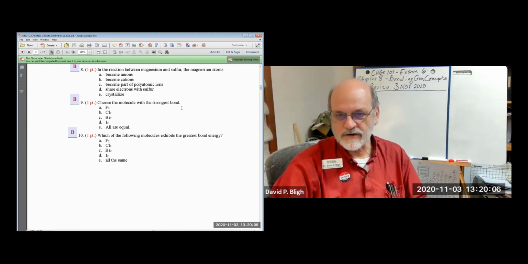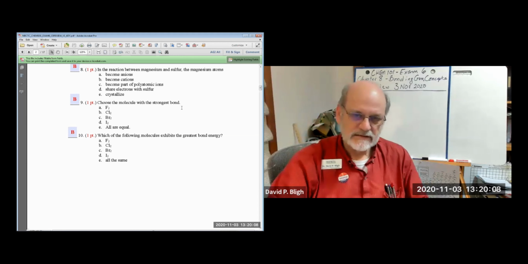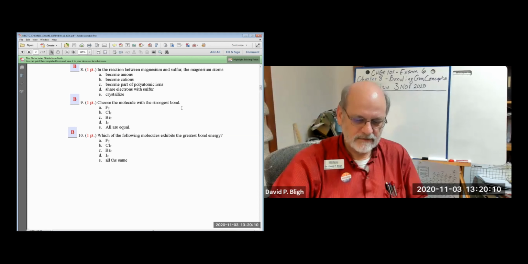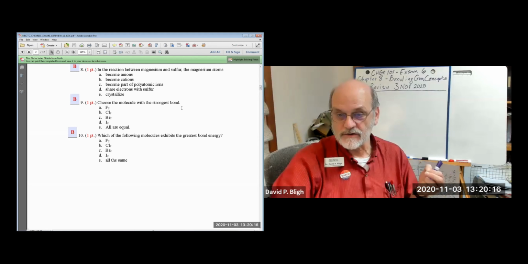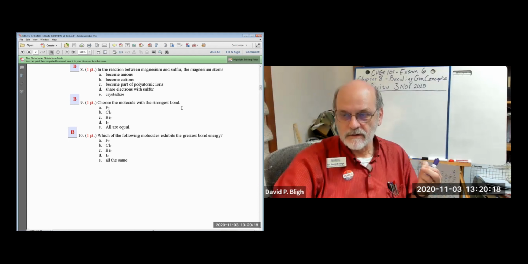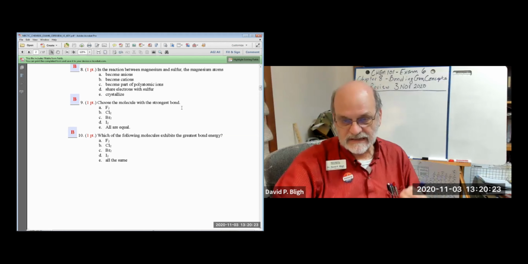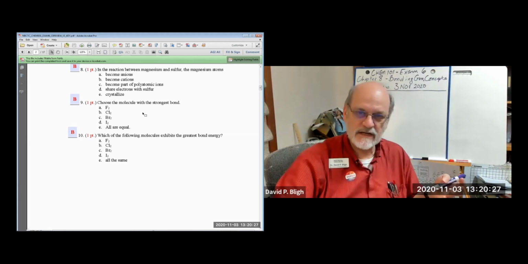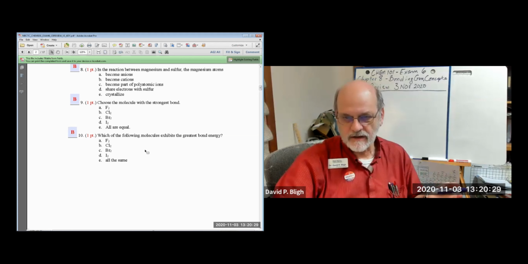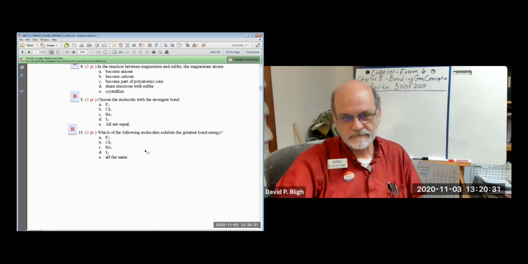The strongest bond is sort of a qualitative approach, but the bond energy actually requires expression of kilojoules per mole input in order to break the bond. So 9, in effect, is a qualitative expression. 10 is a quantitative expression.